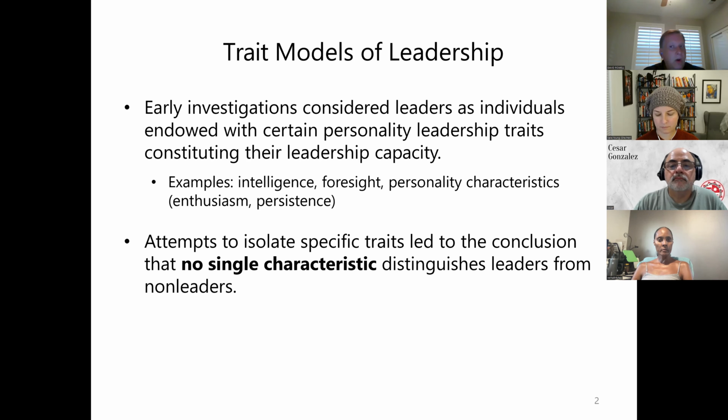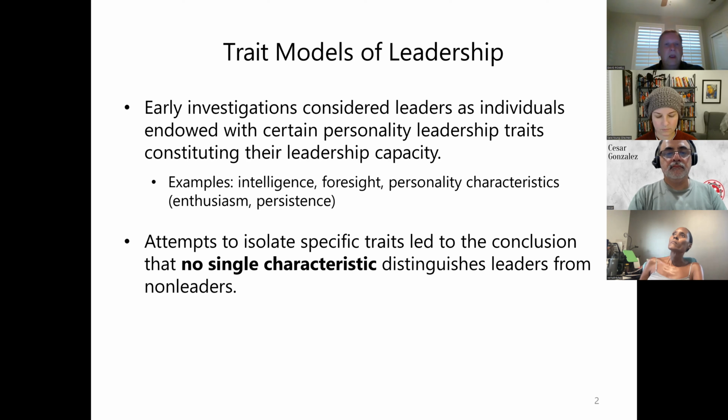That can be somewhat problematic if we like to think about leadership as being something that can be taught. Obviously, we're talking about leadership tonight and going through different leadership approaches, so clearly we assume that leadership can be taught and that there are certain skills and approaches that can be taught. It's not just that some people are born leaders and some people are not.